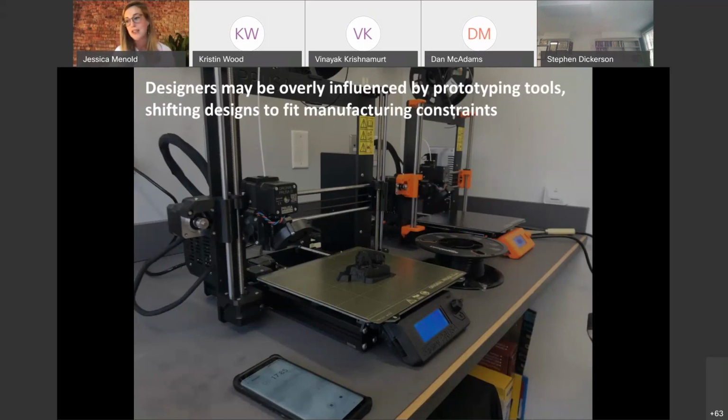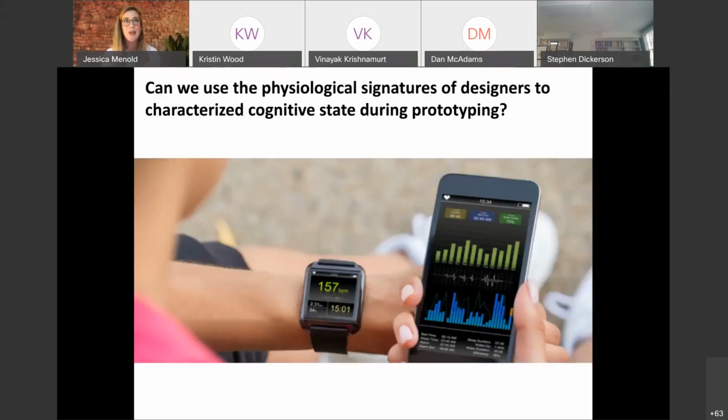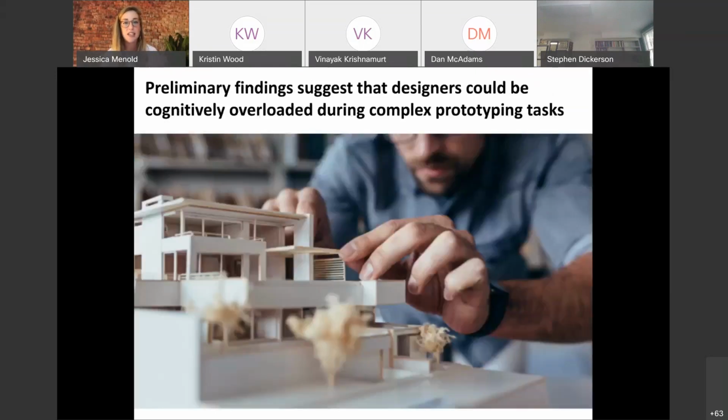And so I'm going to switch gears a little bit and talk about some preliminary data that I'm excited about and some preliminary studies that we're conducting. More recently, we've been looking at the physiological signatures of designers and how that could help us to characterize and understand cognitive state during prototyping a little better. What we found in preliminary findings is suggesting that designers, of course, might be cognitively overloaded during very complex prototyping tasks, and that we can use their physiological signatures, so their electrodermal response and heart rate, to understand in real time their cognitive state and when they might be experiencing high levels of cognitive load.